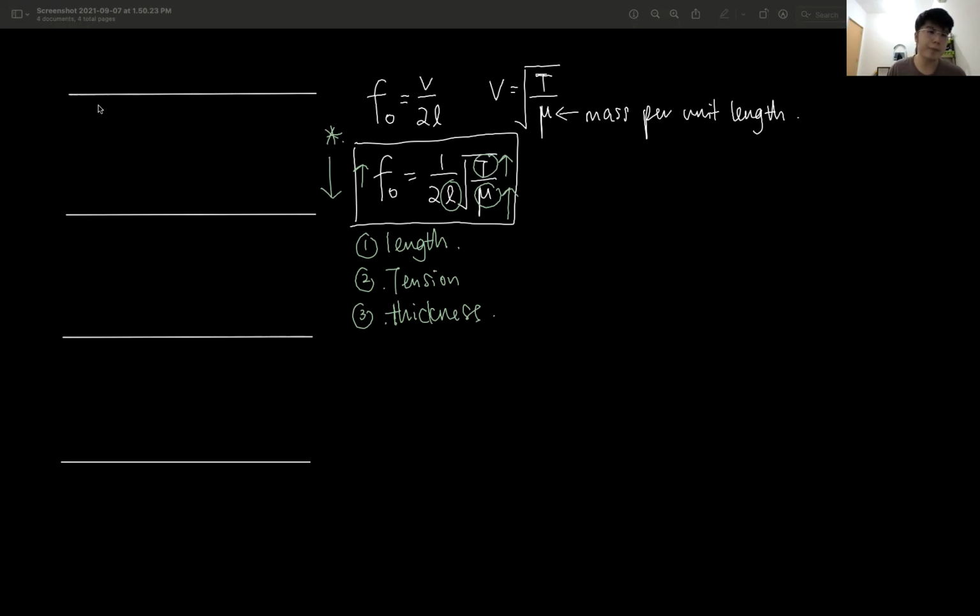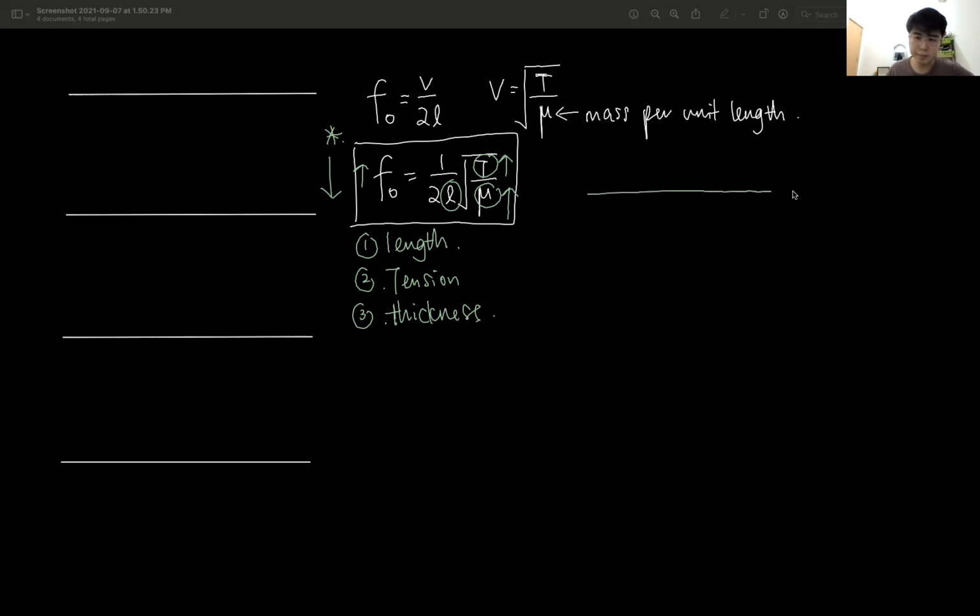Right? So just now we said that if you vibrate a string, it will give you a certain pattern, and it will give you the fundamental, the first, second, third harmonic. Sometimes the question will give you something like this.